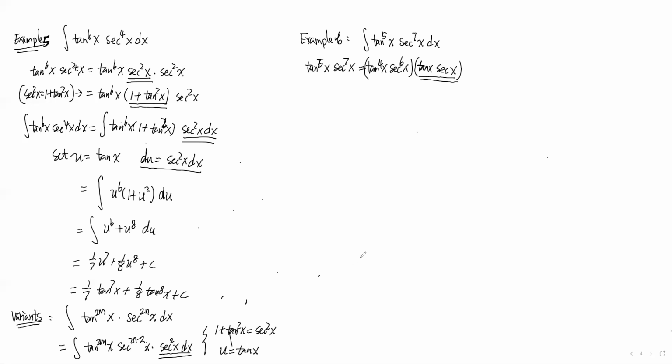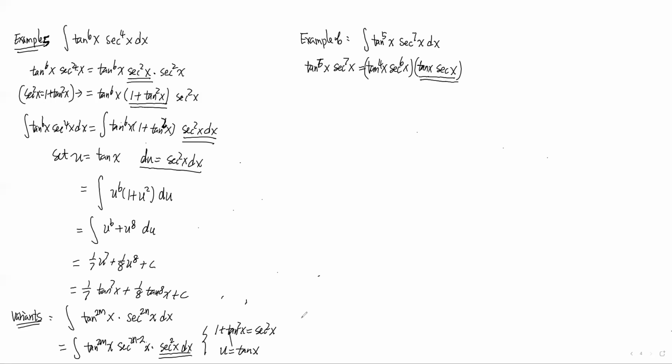So we get 1/11 u power 11 minus 2/9 u power 9 plus 1/7 u power 7 plus c. So this is 1/11 secant 11 x minus 2/9 secant 9 x plus 1/7 secant 7 x plus c. So that's this problem.